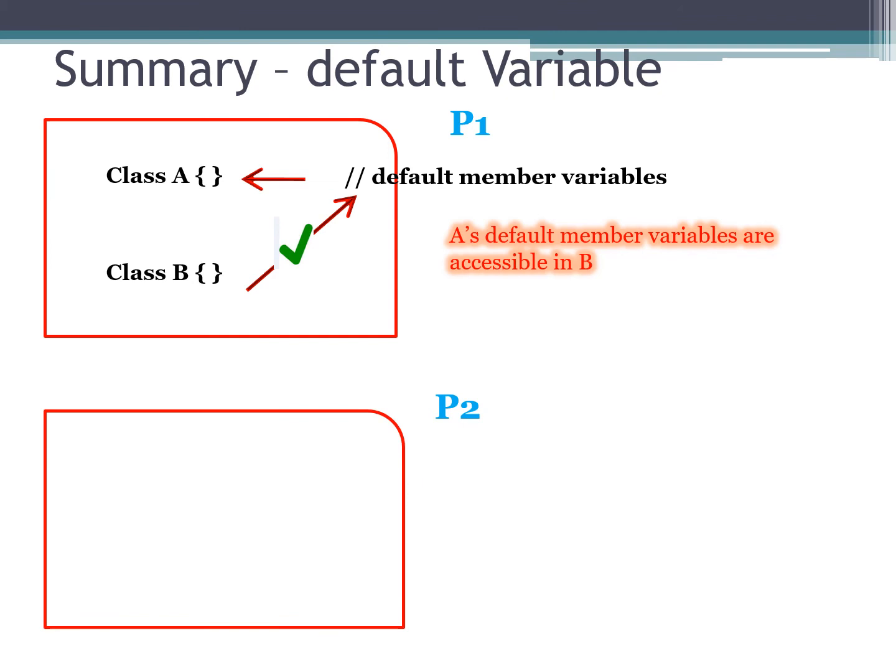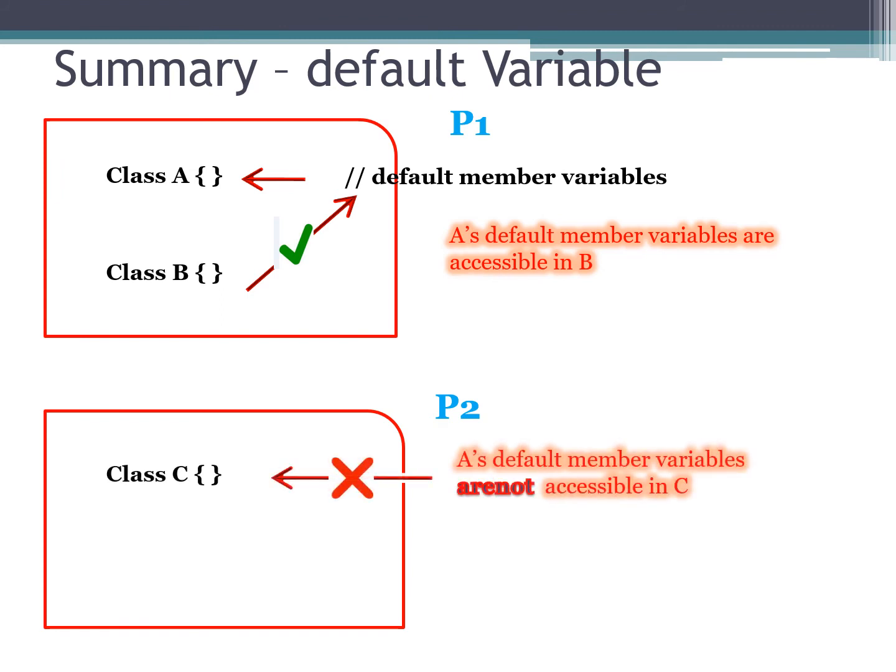Now let's take an example of another class which belongs to a different package P2. This class C, declared in package P2, is not able to access A's default member variables.